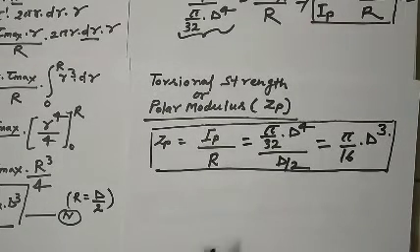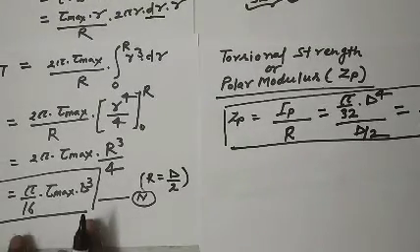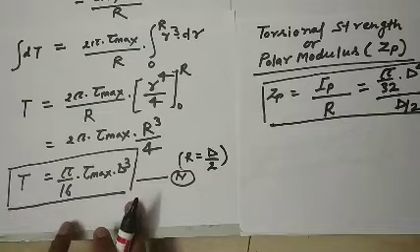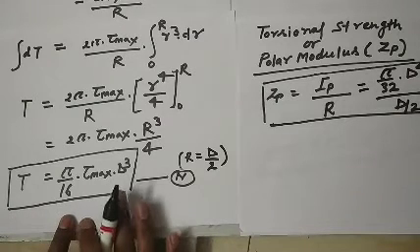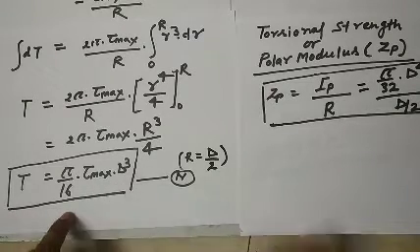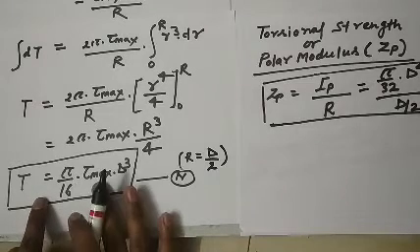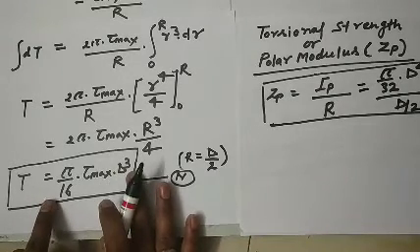Clear? Now, from equation 4, when we derived a relation between T and tau max, T equals pi by 16 tau max d cube.